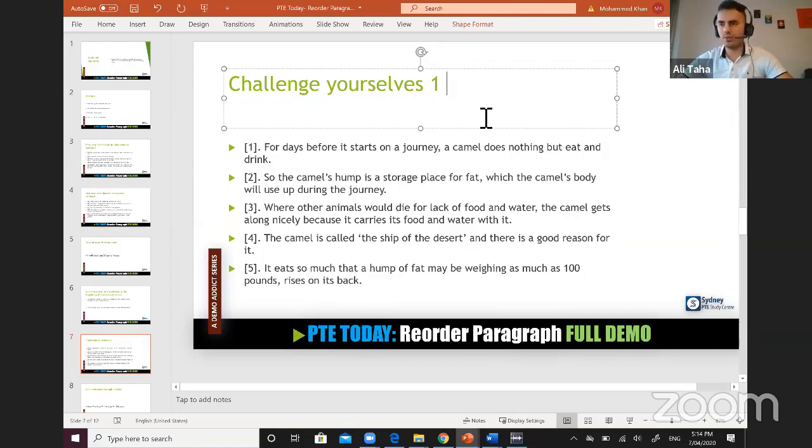And the reason I'm giving only 2 minutes is because in the real exam, you don't need to spend more than 2 minutes on this task.